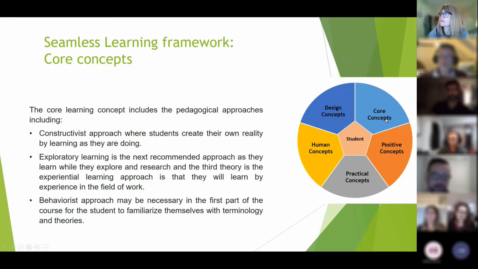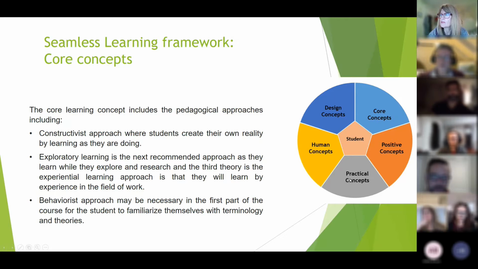So, core concepts, I think Bloom's taxonomy fits in the design concept. It also fits in with the core concepts. I even think it can have a positive effect on students if they know what they're doing and where they are at, giving them more confidence.